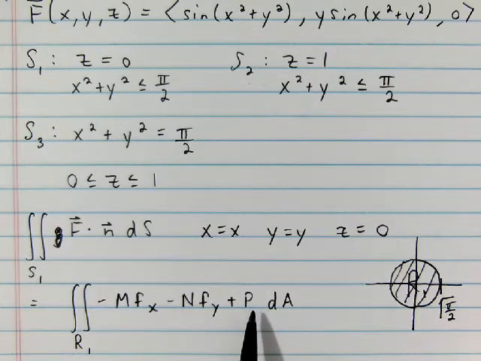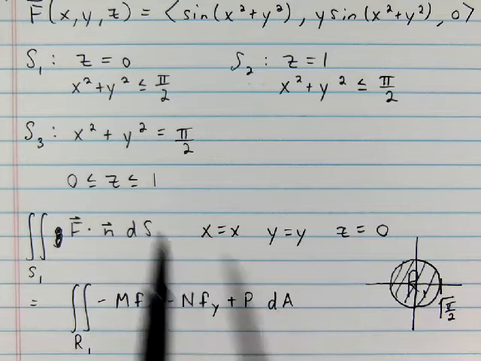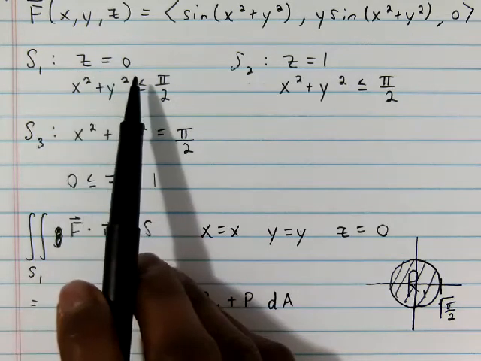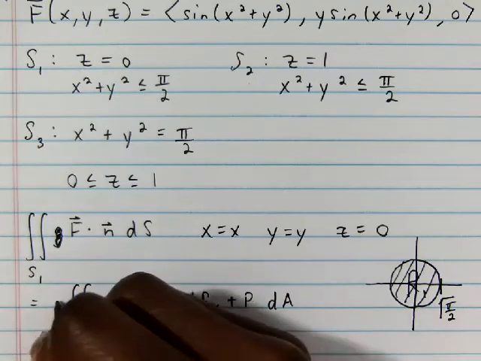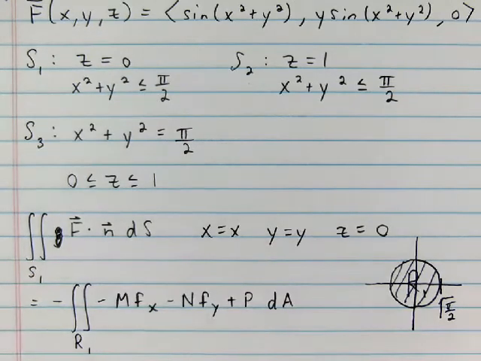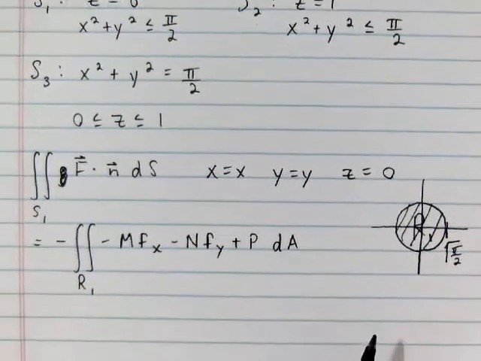There's an understood 1 that this p is being multiplied by. So the normal vector is pointing up here. But for our surface, z equals 0, the normal vector is pointing down. Because they point in opposite directions, we just put a negative sign in front of that. Now we're ready to plug in everything and evaluate.